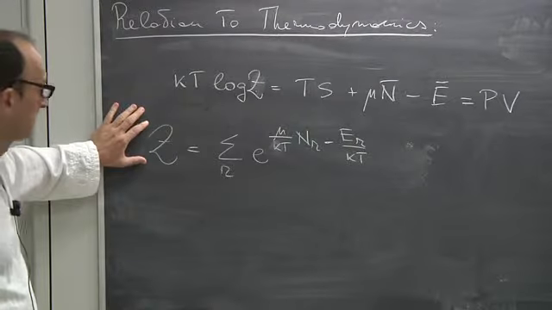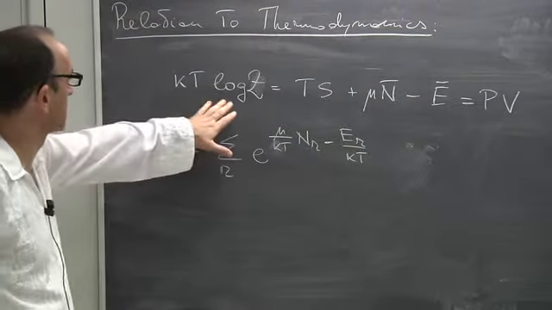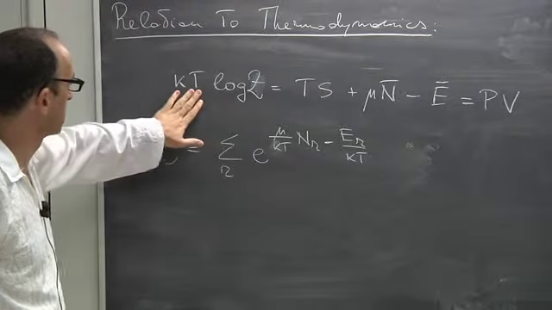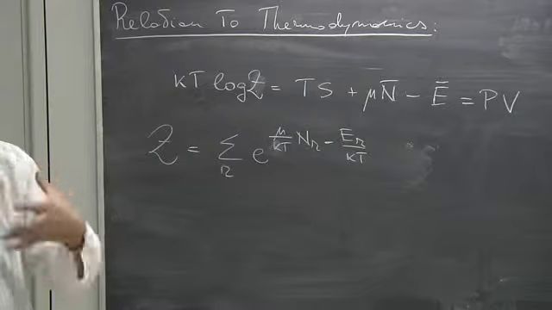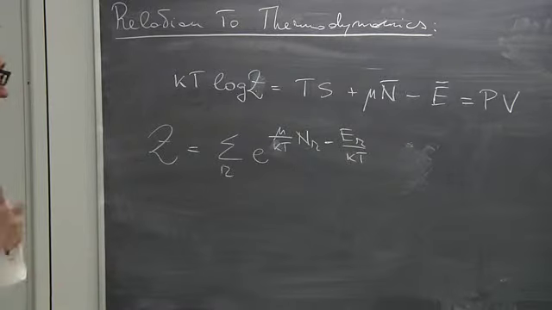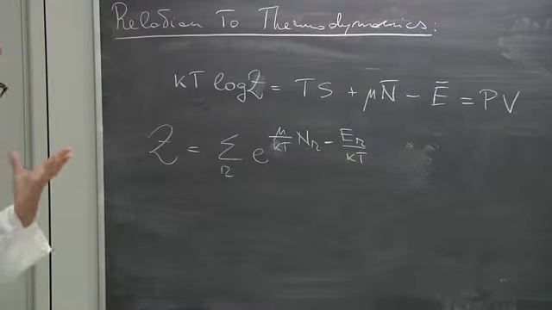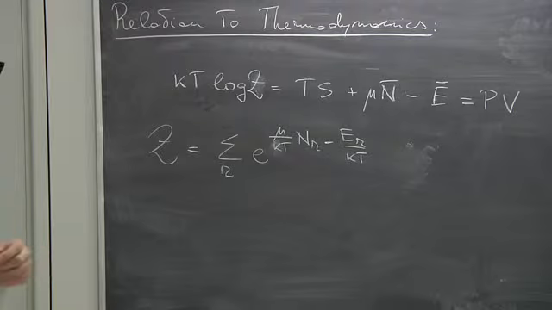You compute this number, you take the log multiplied by kT, and this is pressure times volume. You get the pressure of the system. And then you can compute all thermodynamic properties. Okay?